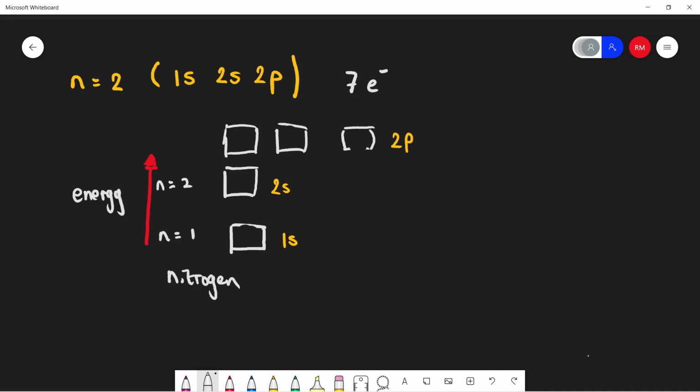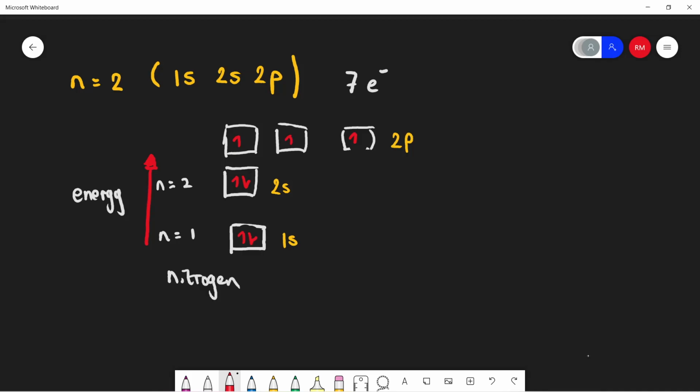And so we start filling up our orbitals. 1 up spin, 1 down spin, 1 up spin, 1 down spin, 1 up spin, 1 up spin, 1 up spin, and that makes 7.